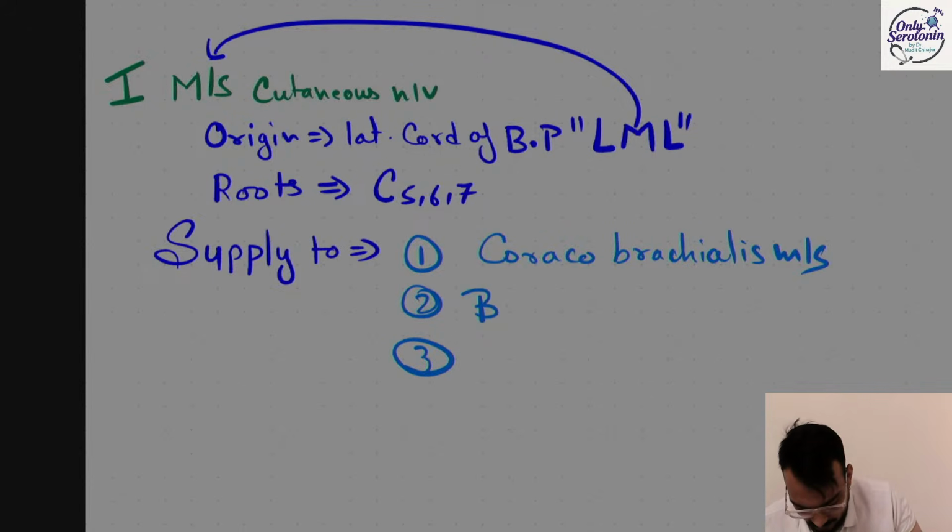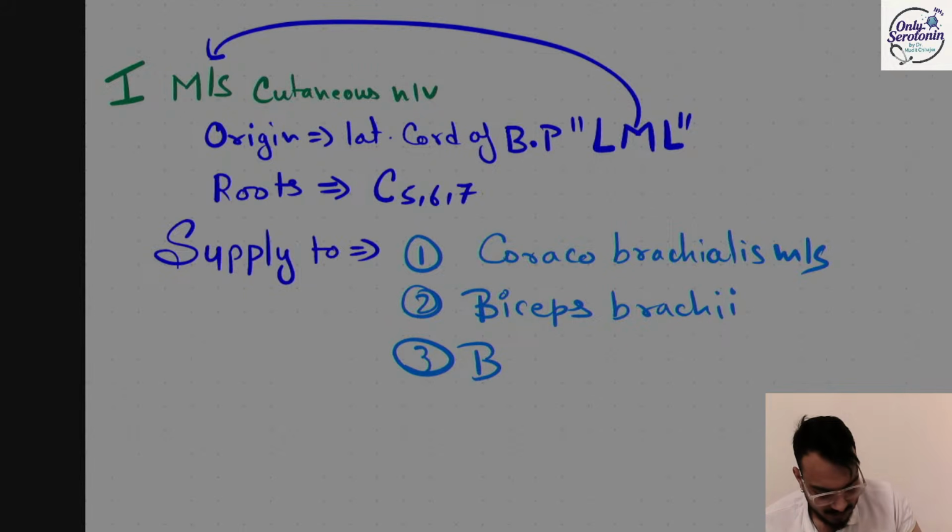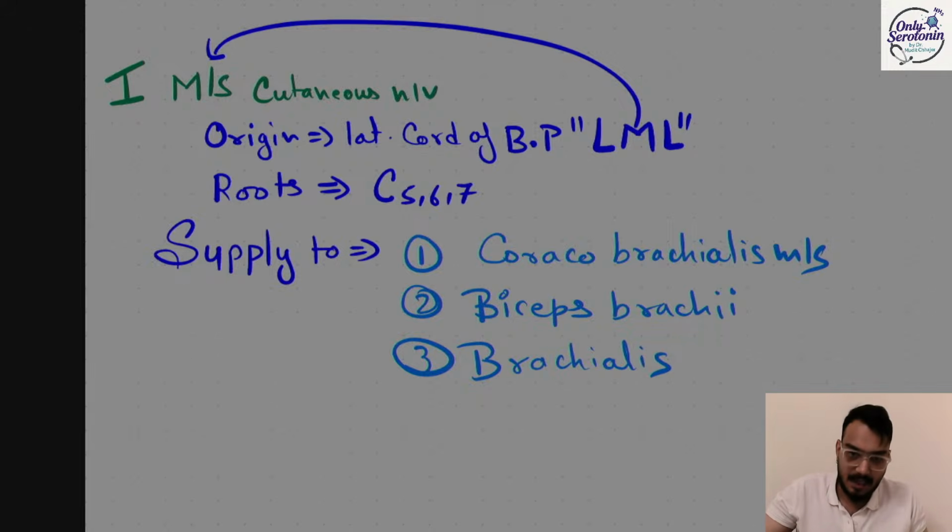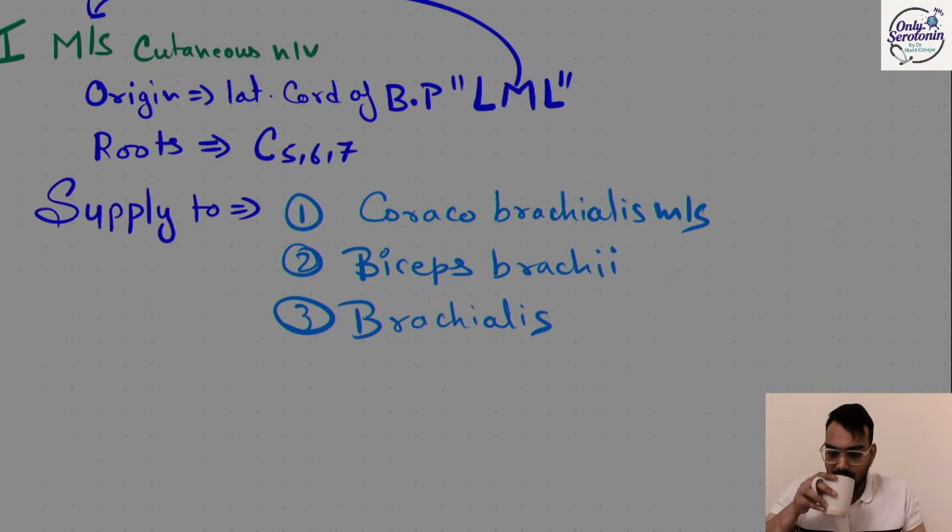It is supplying the biceps brachii muscle. And the last one which you will study here is what, guys? It is your brachialis muscle. Coracobrachialis muscle, biceps brachii muscle and brachialis muscle.